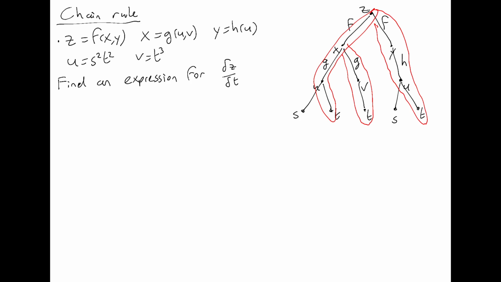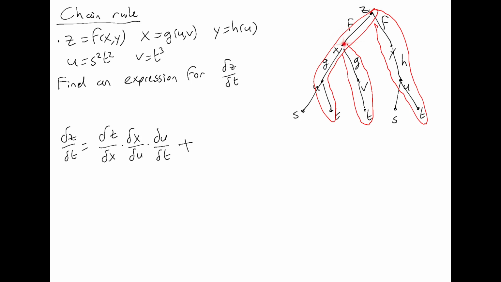Okay, now let's write down what we get. So we have dz dt. Let's take the leftmost branch, so that's from z to x, then from x to u, and then from u to t. So it's dz/dx times dx/du times du/dt. Now we go to the second branch, which is this one.